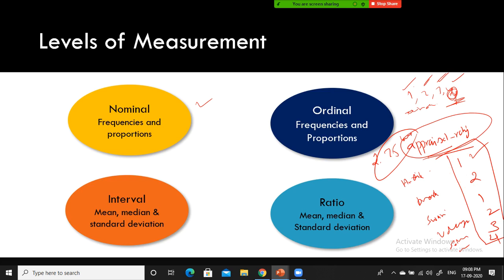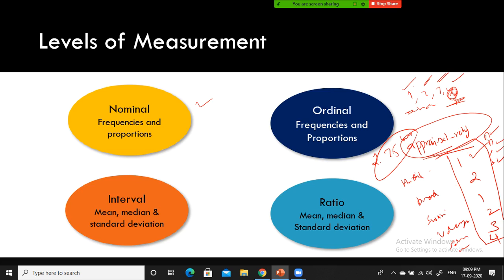Even in school, ranks will be there. Top rank is A, B, C, D: A is outstanding, B is very good, C is good, and D is fair, needs improvement. Even in schools they give some ranking.